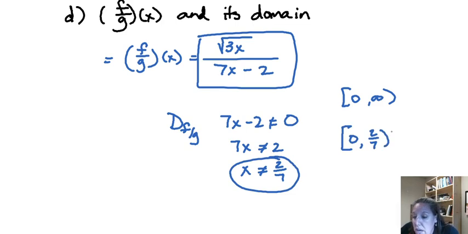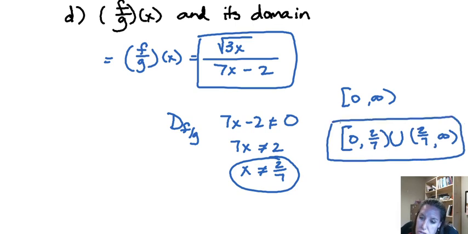So we'll throw out that point, and we'll cut it in two places, use parentheses, and have square bracket 0 to 2/7 parenthesis union parenthesis 2/7 to infinity parenthesis. So our domain of f divided by g is that.